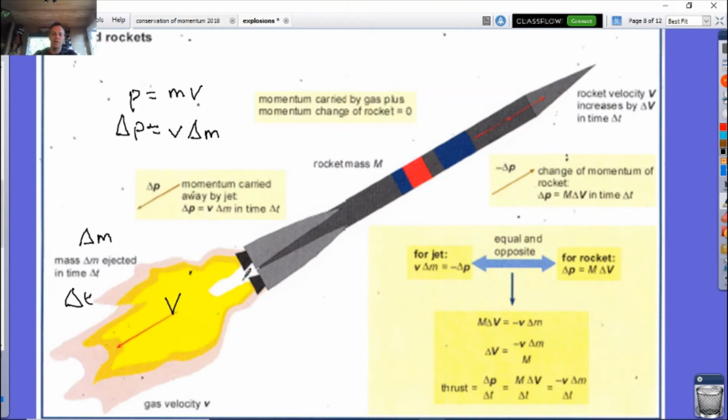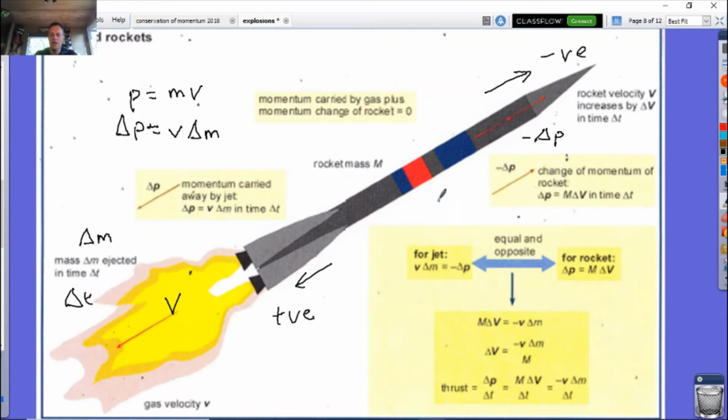Therefore, when we look at the other way, here we've got a minus delta p, and now this is all to do with the rocket. Now it's a negative because it's going in the opposite direction. So saying that is going to be negative, and this direction is going to be positive.